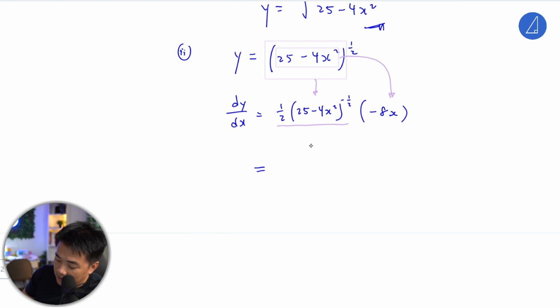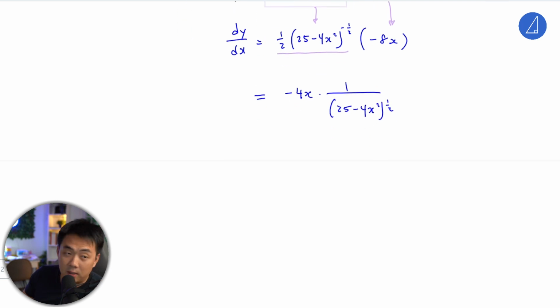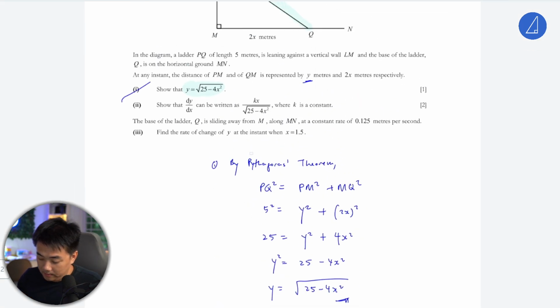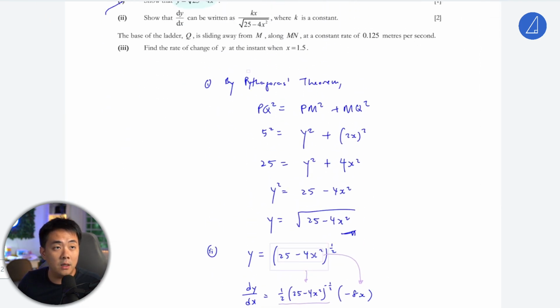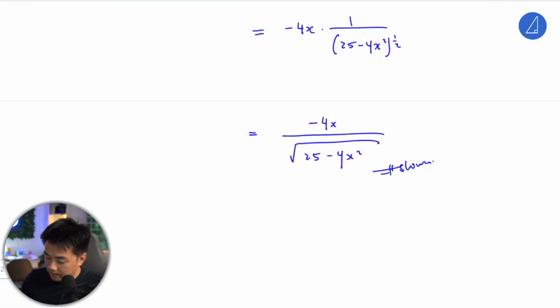When I simplify this, the 2 cancels with the half, and this is negative 4x, over the square root of 25 minus 4x squared, or rather, times 25 minus 4x squared to the power of negative half. So in this case, k is negative 4.